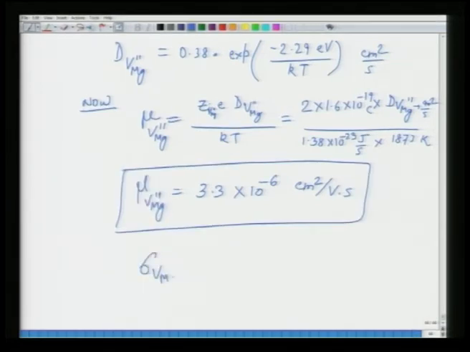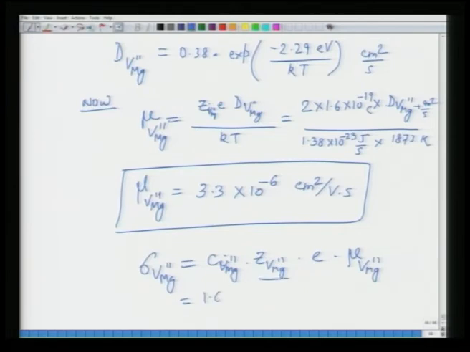The ionic conductivity can be calculated as C_VMg multiplied by Z_VMg multiplied by e into mu_VMg. C_VMg is nothing but your defect concentration, and Z_VMg is equal to 2.